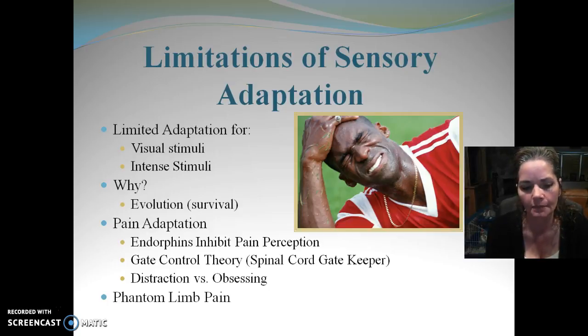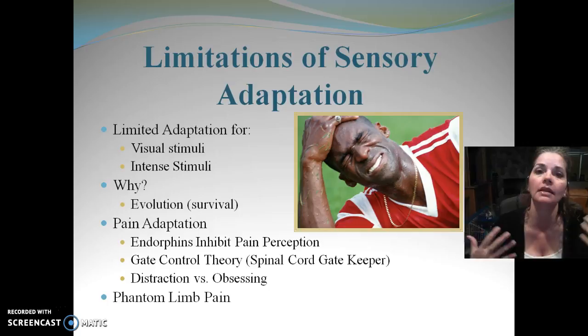And then finally, there's this notion of phantom limb pain that also suggests a top-down processing of pain. In other words, from the brain down rather than just from our limbs up. And so top-down processing really does show that our brain can initiate the concept of pain. It's not just our fingers or our toes or our legs or our arms picking up pain from our outside environment and sending that sensory stimuli to our brain for processing.